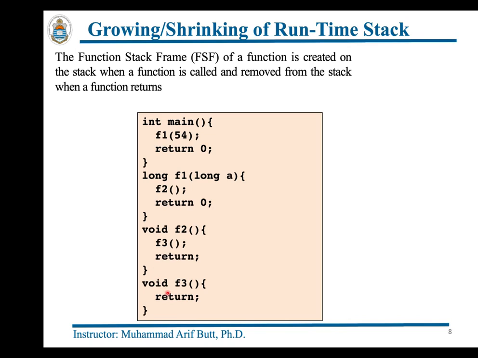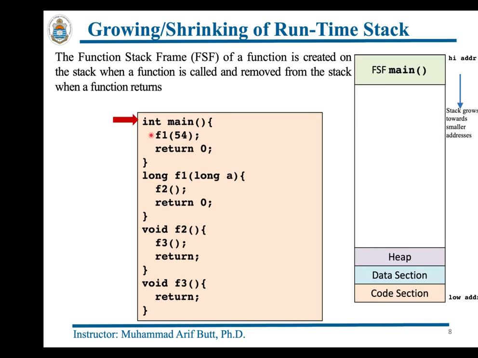The f3 function returns to f2, which returns to f1, and f1 returns to main, which finally, of course, returns to its caller, that is the underscore start function of the C runtime environment. When the control of execution is at the first instruction of main, the runtime stack contains the function stack frame of main only.